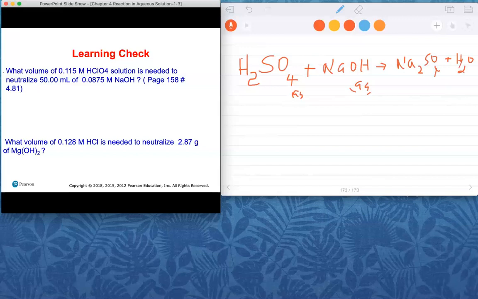So if we balance the equation, that means we need a 2 in front of what? We need a 2 in front of NaOH. So it looks like this is also going to be the same thing, 1 to 1, and we need a 2 in front of that. So the equation is 1 to 1 or 2 to 2 again.